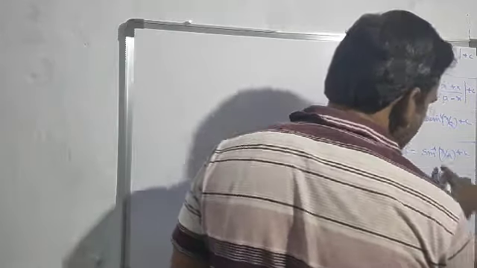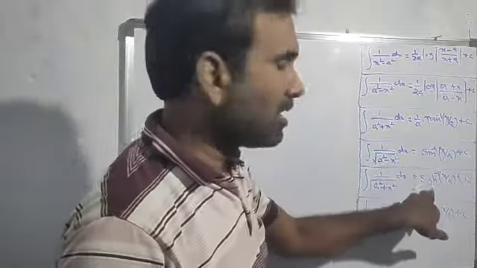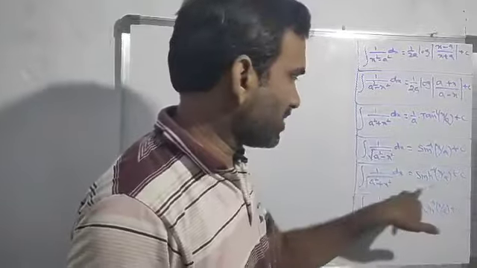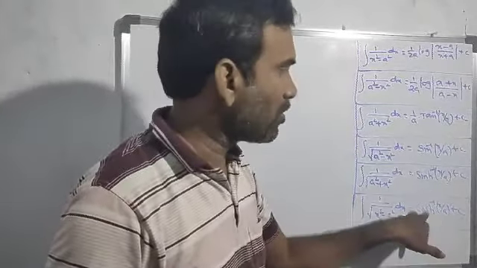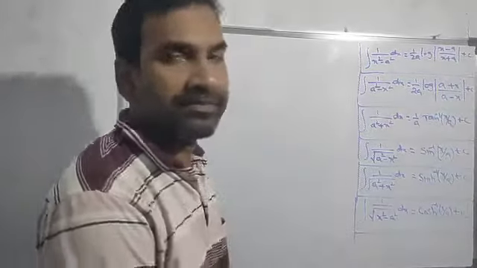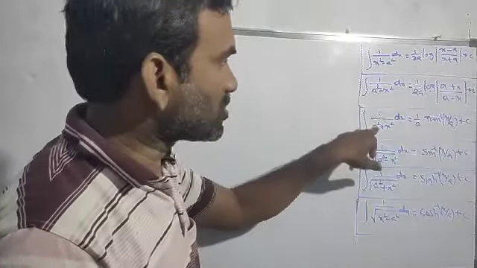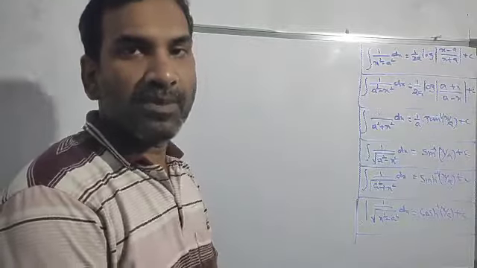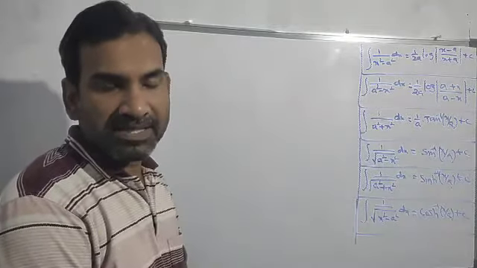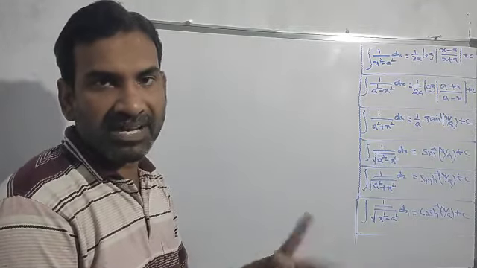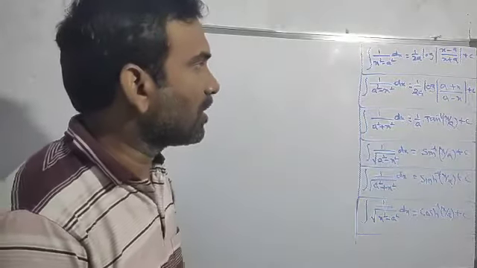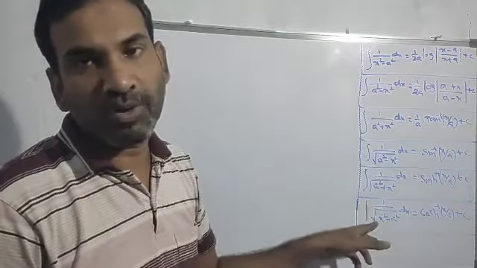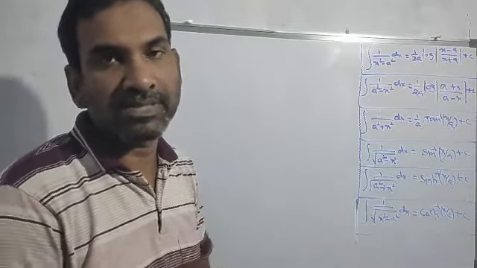Already we have other formulas also for these, with log of x plus the same function. Like that also we have, but we can take it like this. So 1 by without square roots, 1 by with square roots. Maximum our functions are a square plus x square, a square minus x square, x square minus a square, like that. All these formulas are most important in solving the problems.